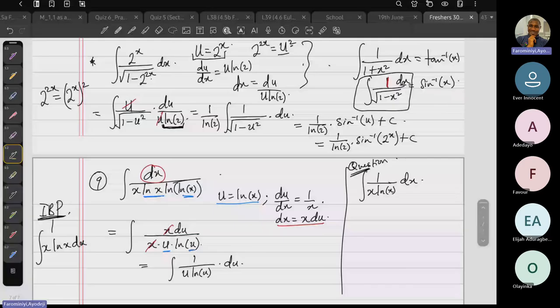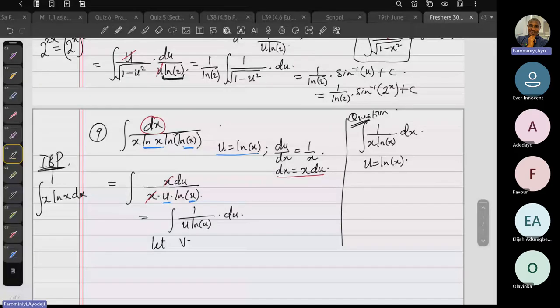So if we do u equals natural log of x, that is why I'm going to come back here and say, all right, let v be equal to natural log of u. I'm supposed to be using absolute value there, but let's just overlook it. So you are doing u substitution again, but v substitution this time around.